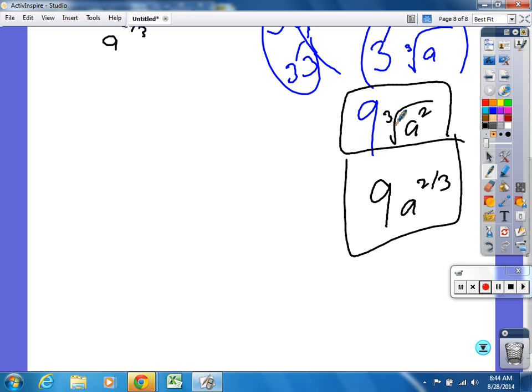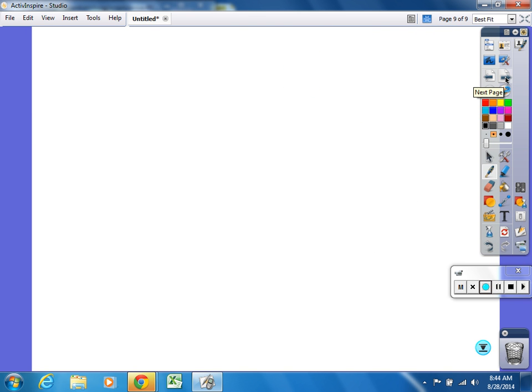So now, what we're going to do is I'm going to put it in a radical. So let's say I have 256 a to the 8 underneath the 4th root.